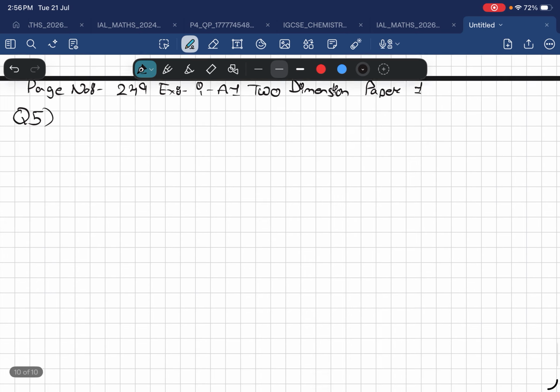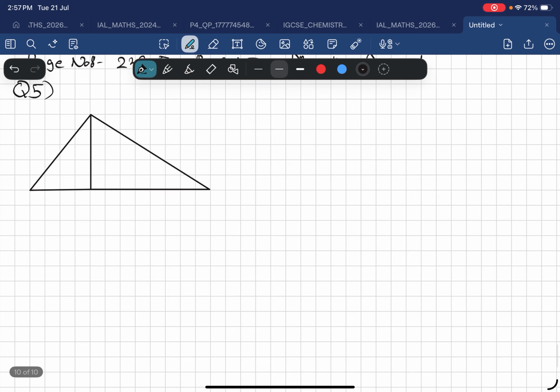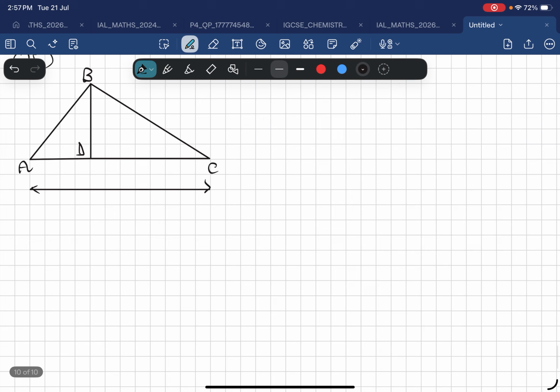This is A, this is B, this is C, and this is D. The total length of A to C is given as 12.6 centimeter.